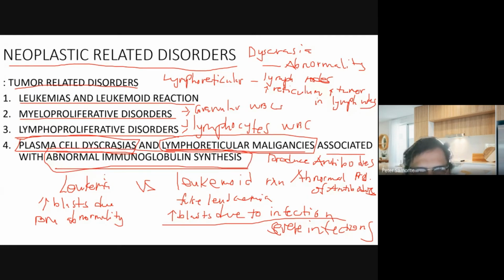Again, in plasma cell dyscrasia meaning abnormality, there is abnormal plasma cell. And when there is abnormal plasma cell, there is abnormal production of antibodies. In lymphoreticular malignancies, we have your lymph nodes to have abnormal tumors. That would lead to abnormal immunoglobulin production.